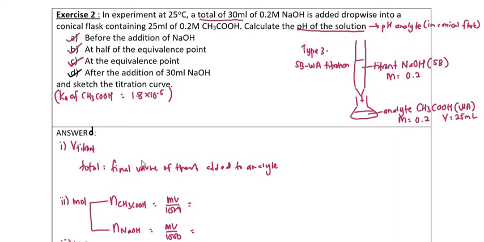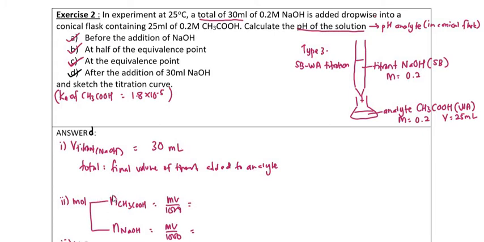So at this point, after the addition of 30 ml, you don't need to find the volume of titrant, which is NaOH. It is already stated here, the volume is 30 ml.